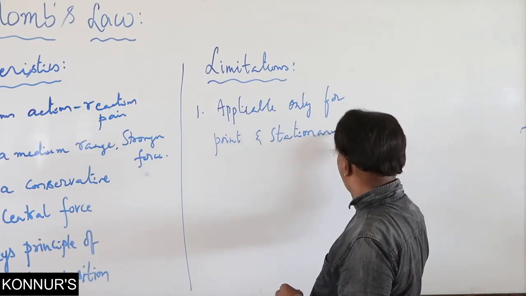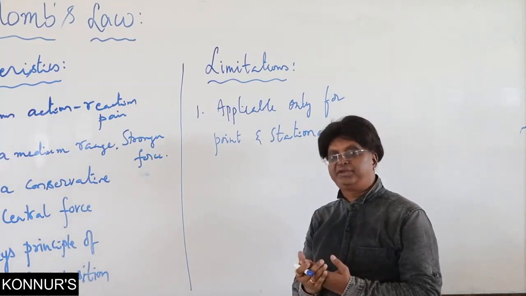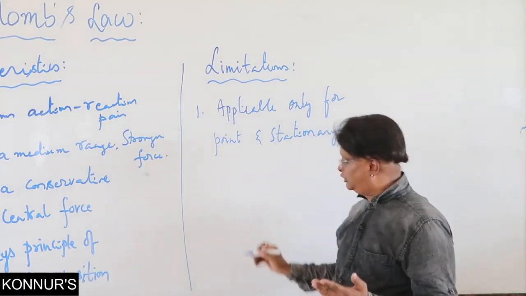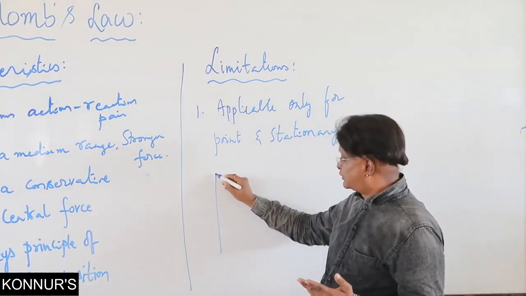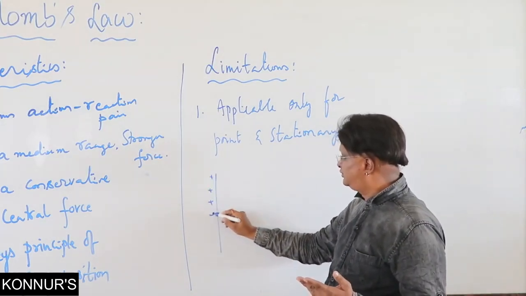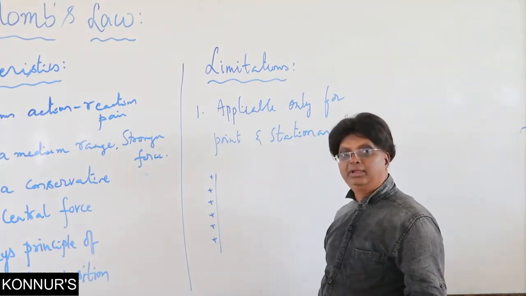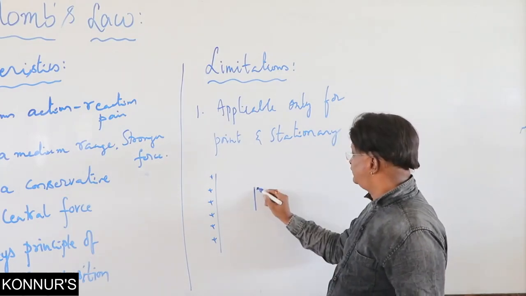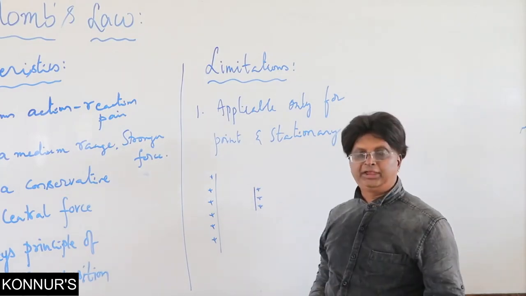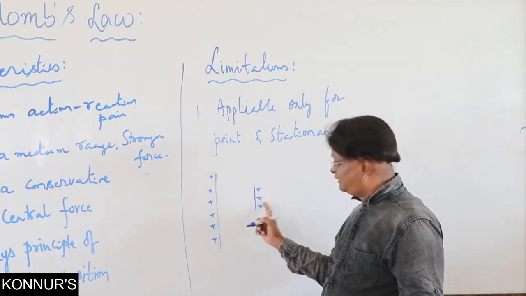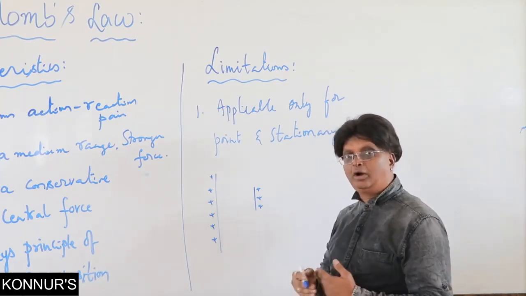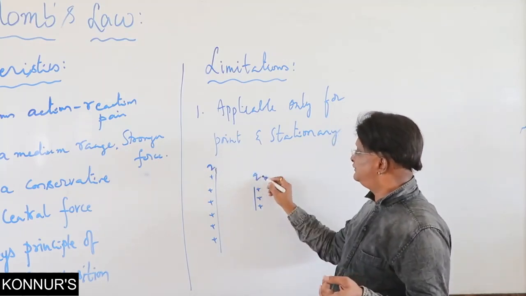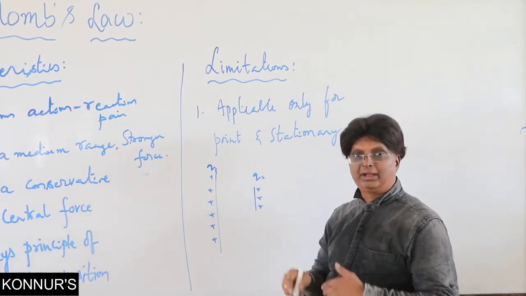Now you will get a doubt. Sir, if it is an extended charge, then how do we calculate the force? Suppose this is a rod charged positively or negatively, and there is one more rod like this with some positive or negative charge, like or unlike. There is a definite force between them, so how do we calculate that force? We cannot use the straight equation F is equal to K Q1 Q2 by R square.